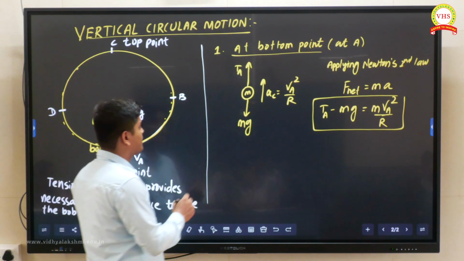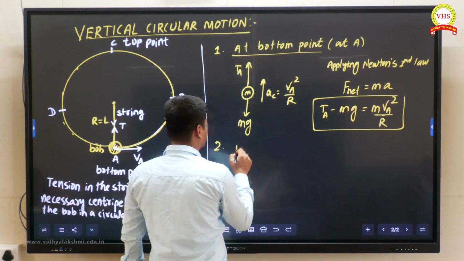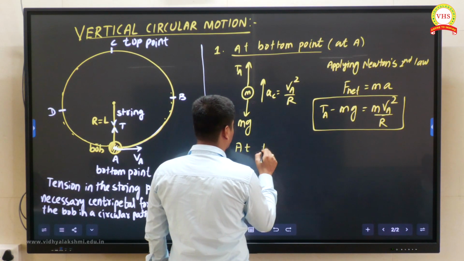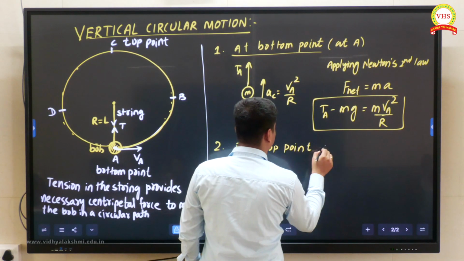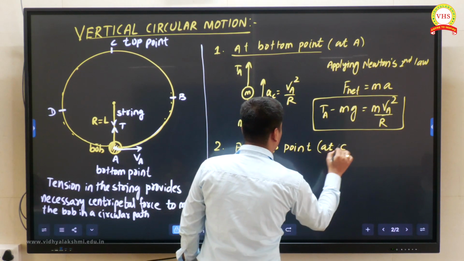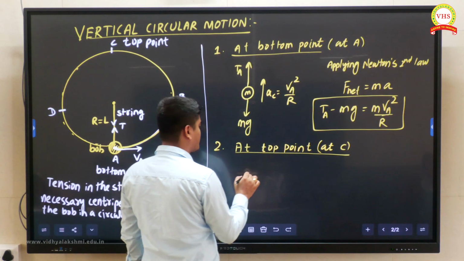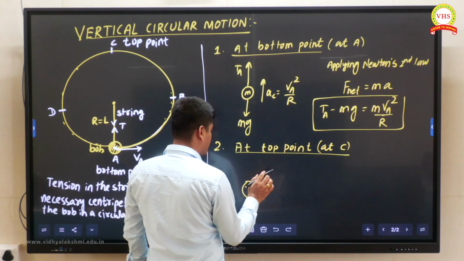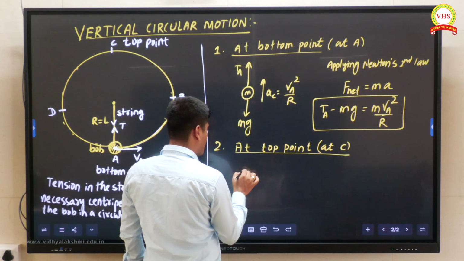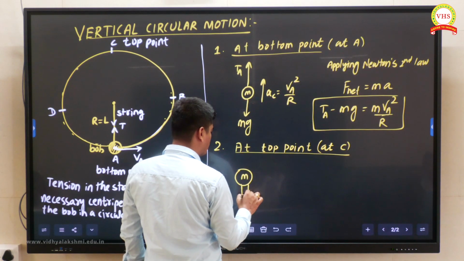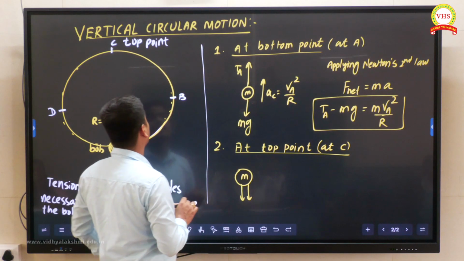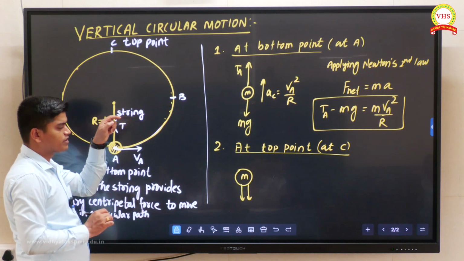Now similarly you can analyze for the top point. At the top point, that means at point C, what analysis can you do? Your mass is here, and two forces are acting in the downward direction.